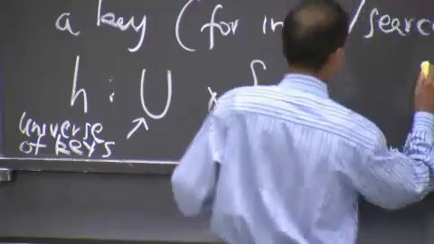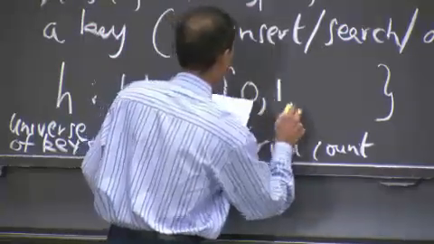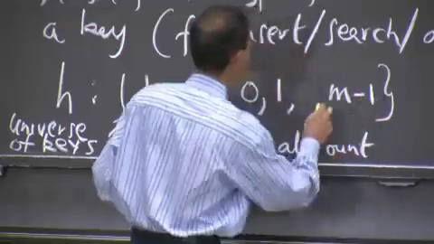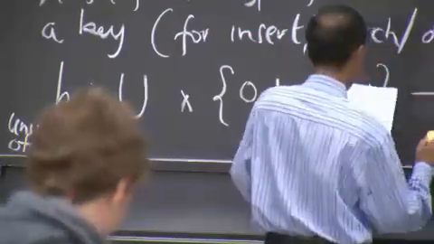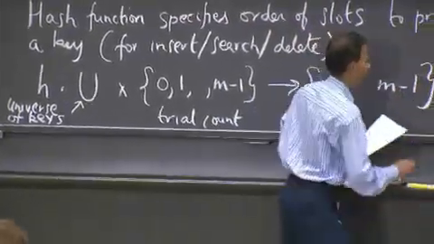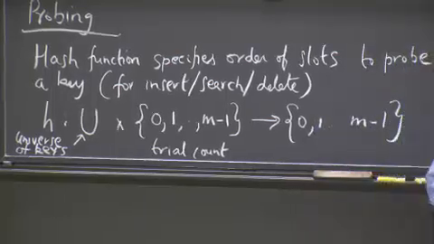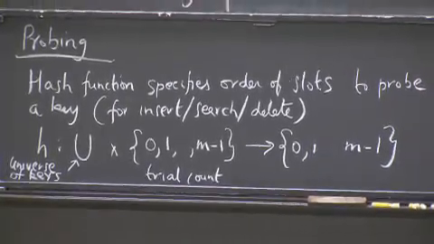But the hash function is going to take two arguments. It's going to take the key as an argument, and it's going to take a trial, which is an integer between 0 to m minus 1. All right? And it's going to produce, just like the chaining hash functions, a number between 0 and m minus 1, right? But m is the number of slots in the table. All right? So that's the story.